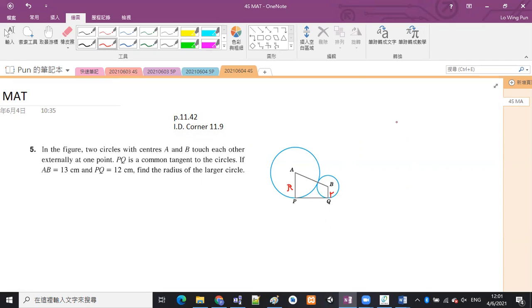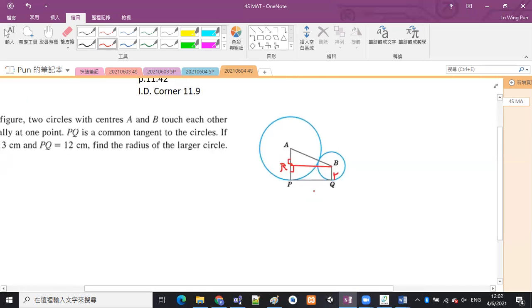Okay, so we are going to draw a line from point B perpendicular to AP. And I call this point C. Can you see it?